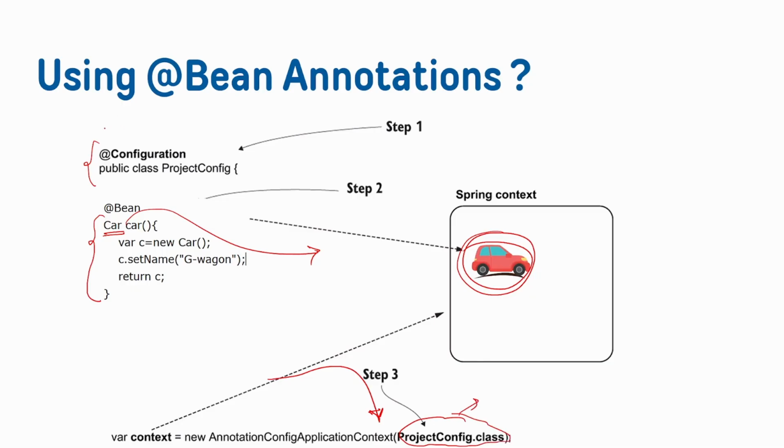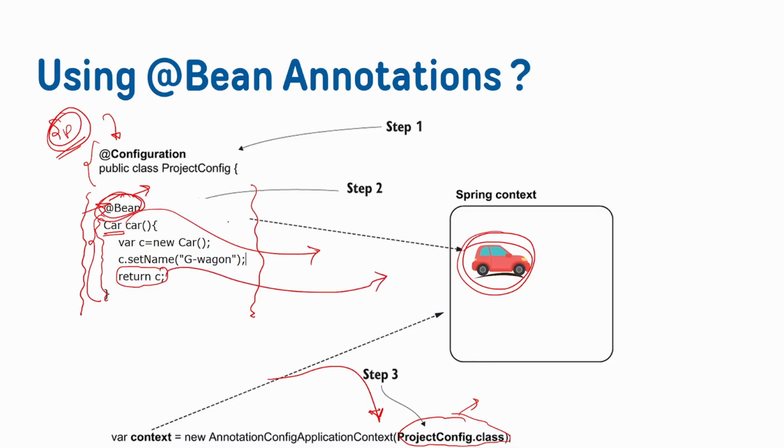So what happened step by step? When we run the application, Spring first looks for our configuration class, and in it searches for any method that is annotated with the bean annotation. Any method annotated with bean, Spring runs this method and adds the return value to its context.